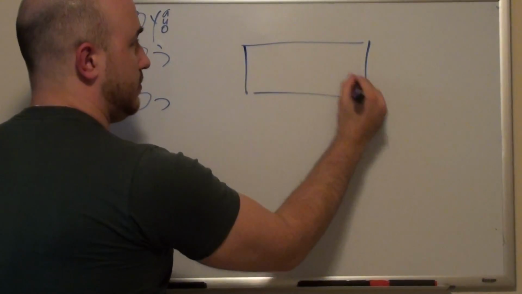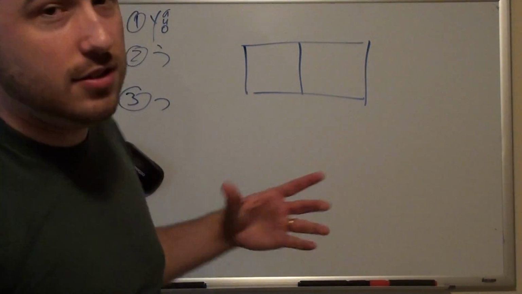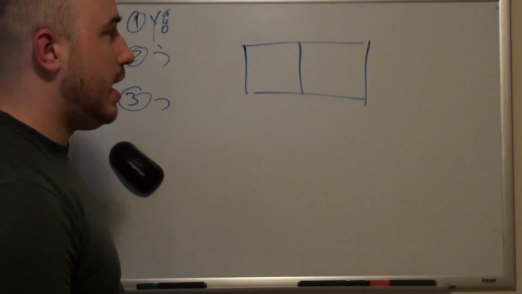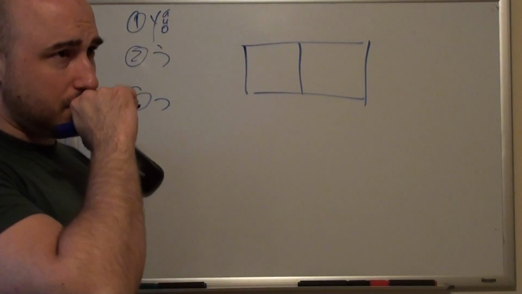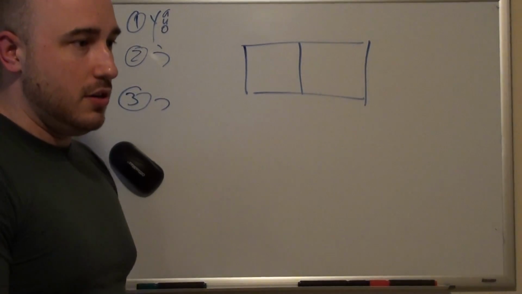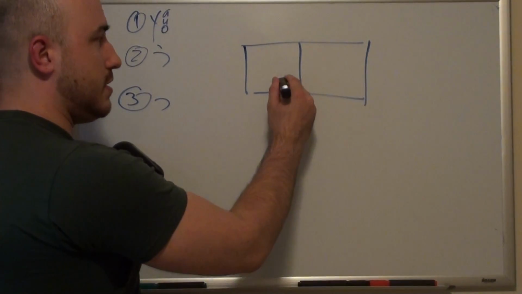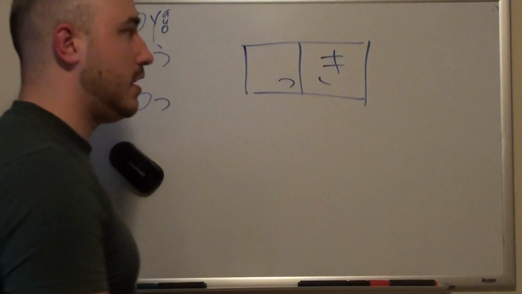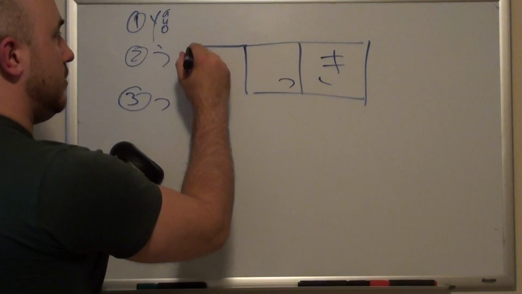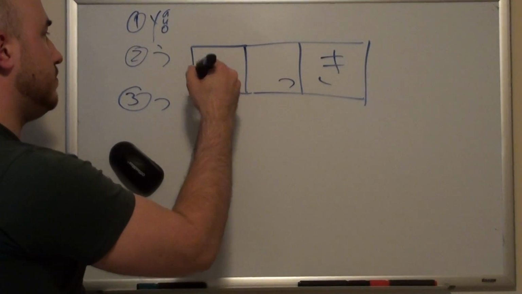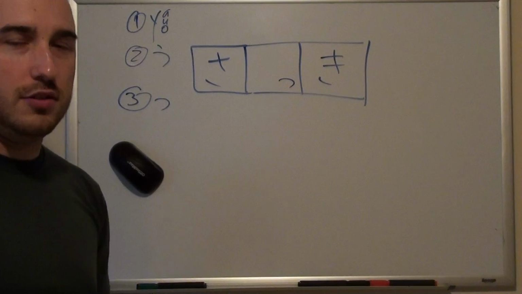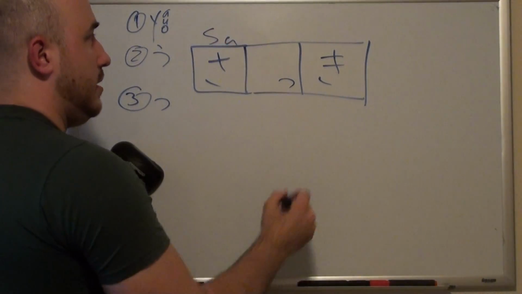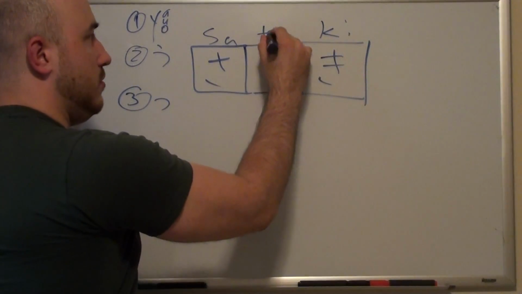For example, if these are the boxes that you're writing, and in case you don't know, Japanese definitely used to and still is generally written in boxes. Before numerous sounds, if you see a small tsu, for example, before a ki, this would be a sa, and this is a ki, and this is a tsu.